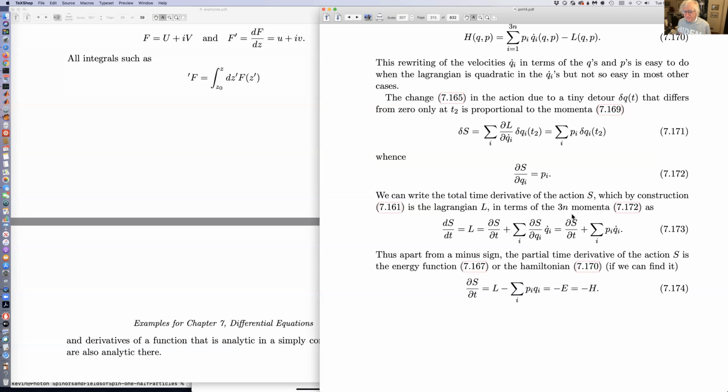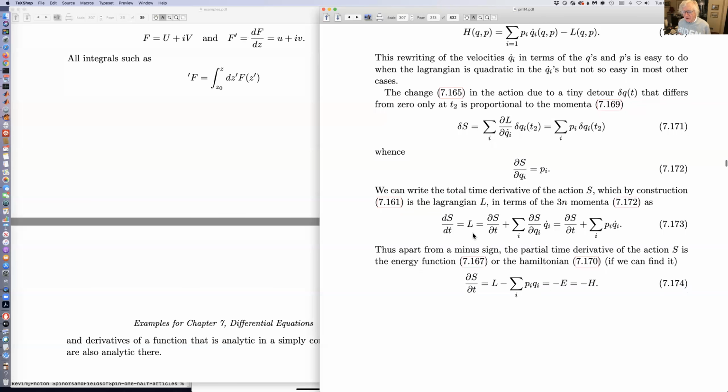So the total derivative of the action is the Lagrangian. And we can think of the total derivative of the action as a partial derivative plus the partial derivatives of the action with respect to the coordinates times the time derivatives of the coordinates.